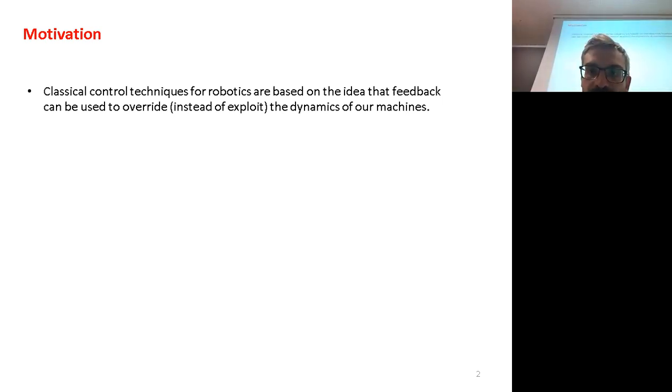But there is a lot of waste of energy in that because these control systems are usually using high gain feedback and therefore a considerably high joint torque, to cancel the natural dynamics of the machine and strictly follow a desired trajectory.